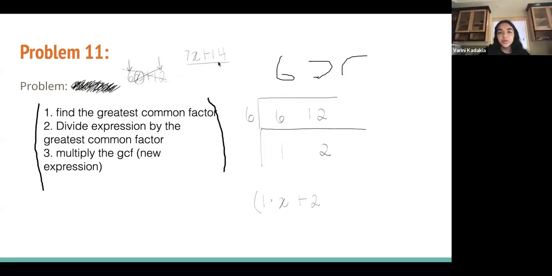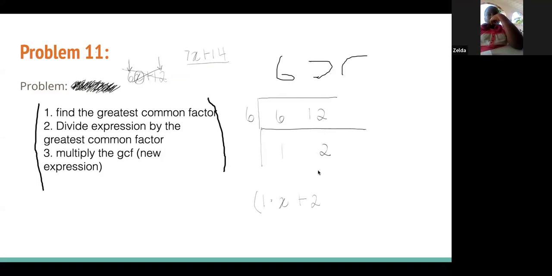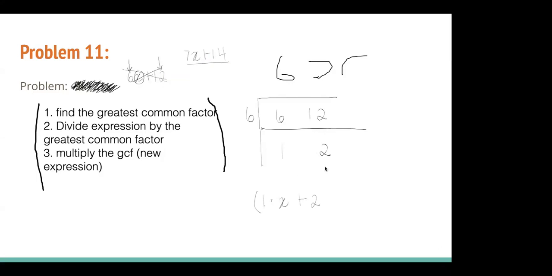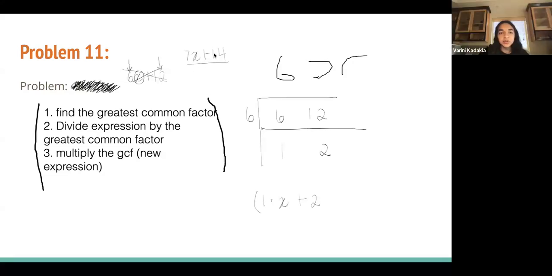You guys want to try this problem and then you can private message me your answer?